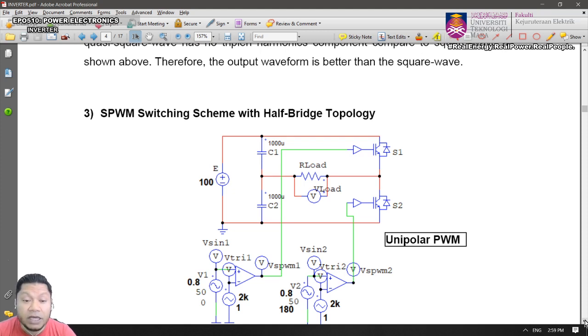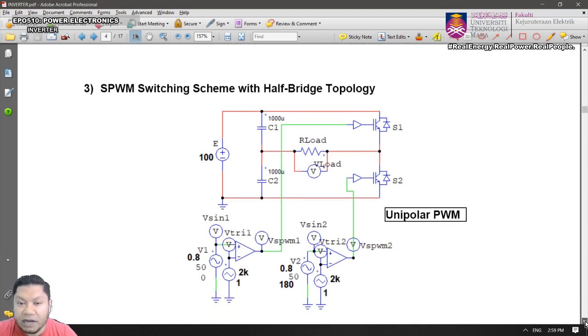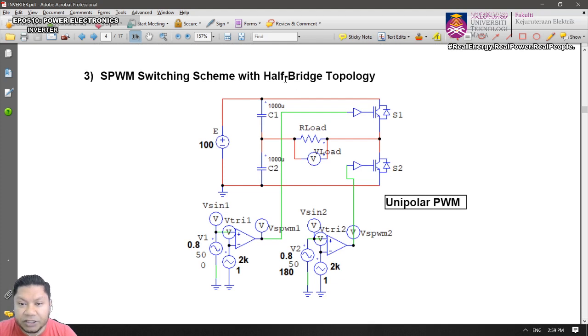So you have learned this during the communication subject, where we have pulse width modulation. So for the first technique, we're going to look into the unipolar PWM with a half bridge.